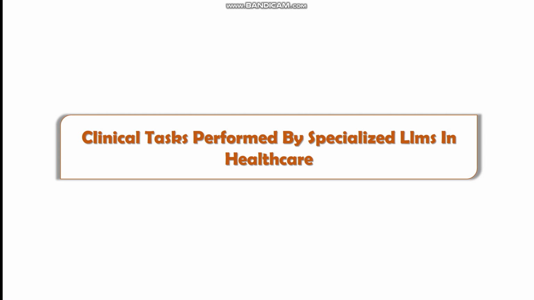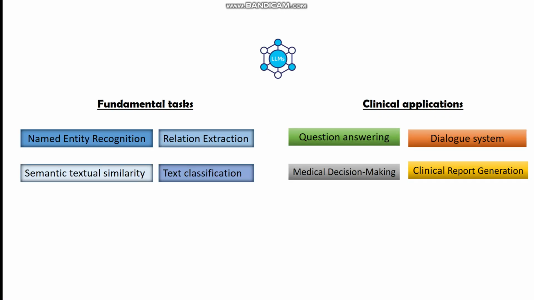Now, let's look at the main clinical tasks performed by a specialized large language model in healthcare. This model can handle two main categories of tasks, fundamental language tasks and clinical applications. The fundamental language tasks are named entity recognition, relation extraction, text classification, and semantic similarity.